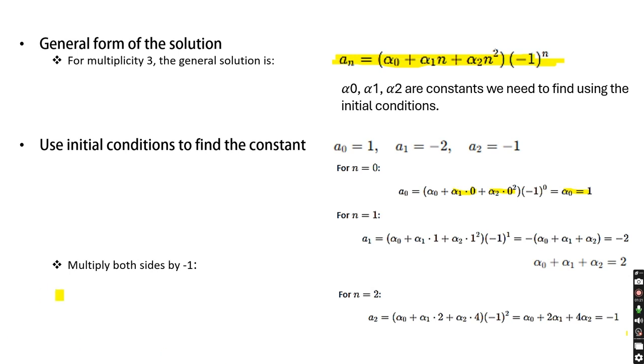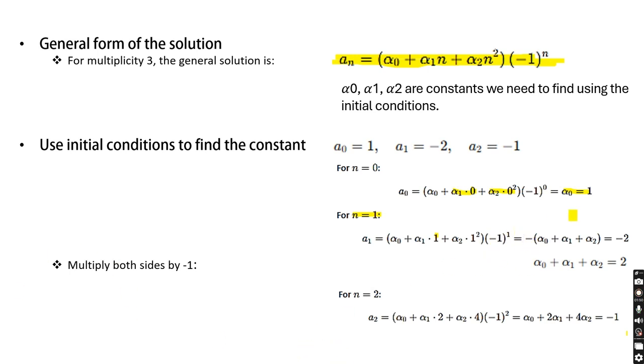And then next, for n is equal to 1, we have a1 is equal to a0 plus a1 times 1. Again, here we have n is equal to 1, and then a2 times 1 raised to the power of 2 is equal to negative 1 raised to the power of 1.